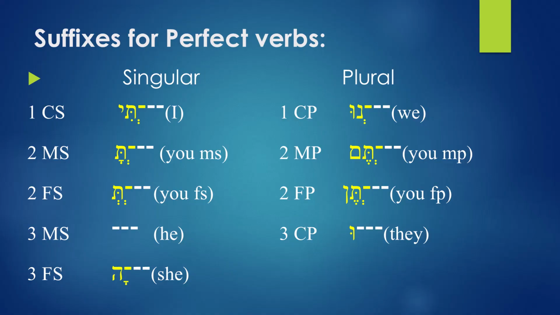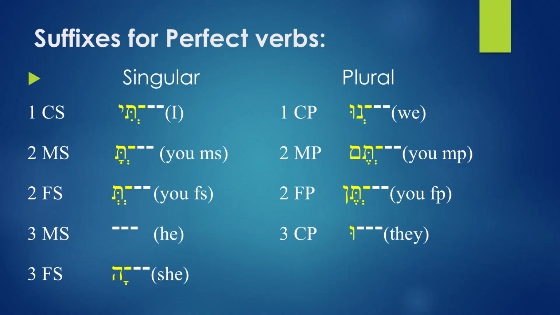Under the plurals, first common you have nu, which means we. Second masculine plural you have tem, which means you. Second feminine plural you have ten. So masculine you have tem, feminine you have ten. And ten means you, the same translation as masculine second person.